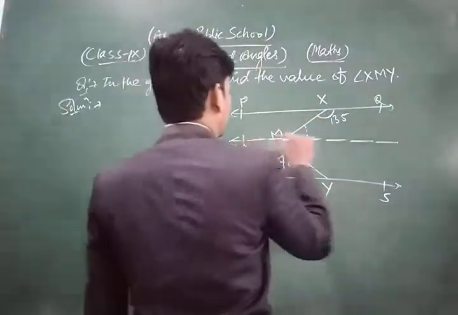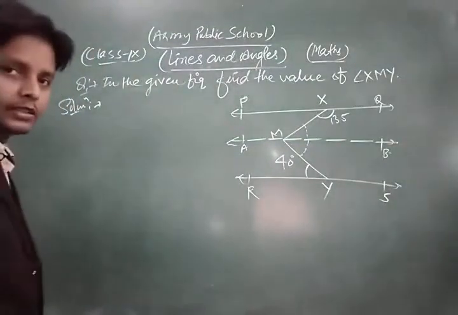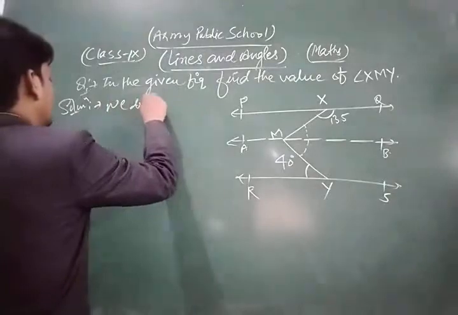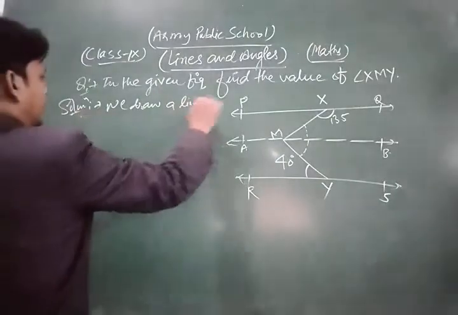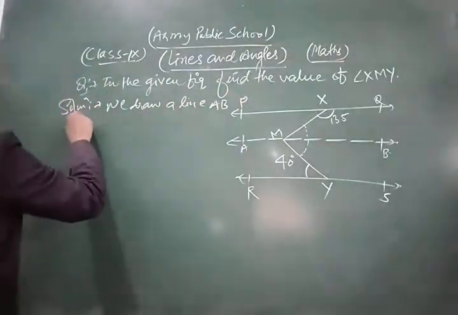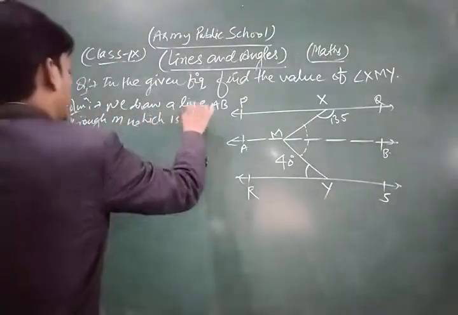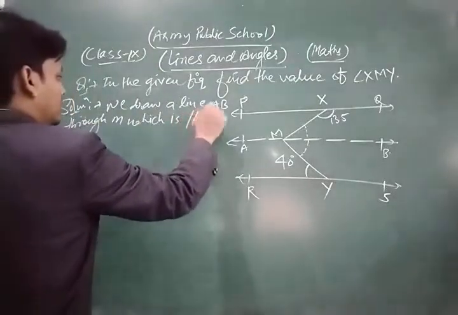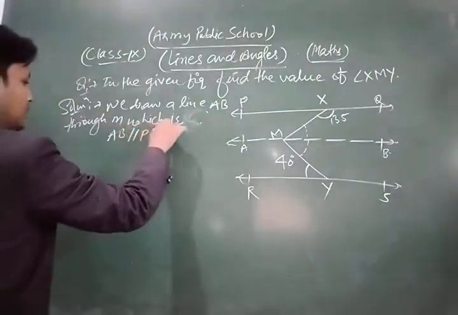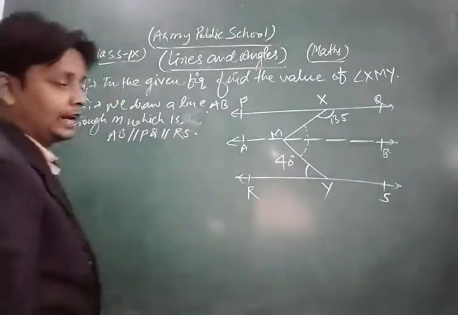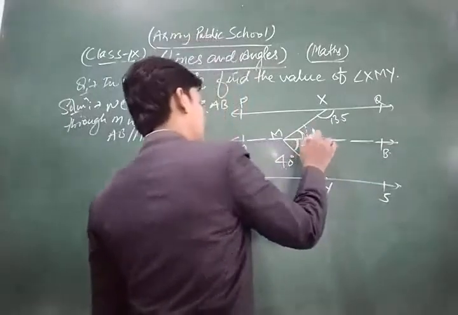Suppose we draw a line AB through M, which is parallel to PQ as well as RS respectively, and we take this one as angle 1 and this one as angle 2.